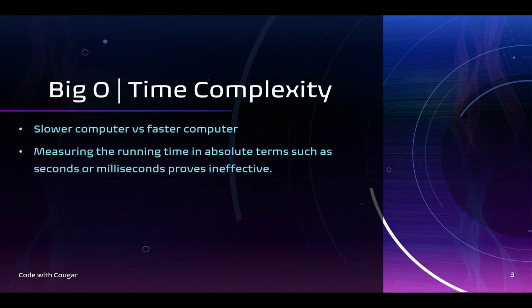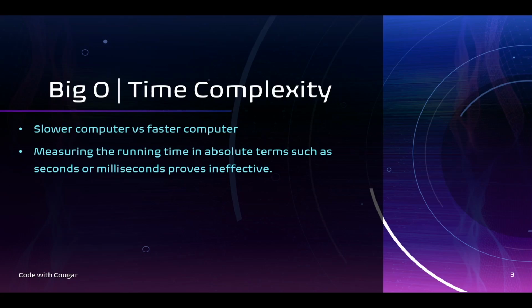Hence, measuring the running time of an algorithm in absolute terms such as seconds or milliseconds proves ineffective. It doesn't make sense to say my algorithm's running time is 1 millisecond or 2 milliseconds, because running the same algorithm on a different system may give a larger or smaller running time depending on the speed of the underlying system. It also depends on the type of processor being used or how many other applications are open while we run the same program.